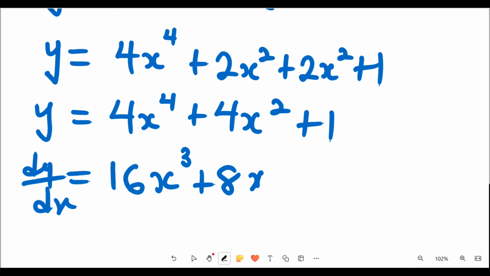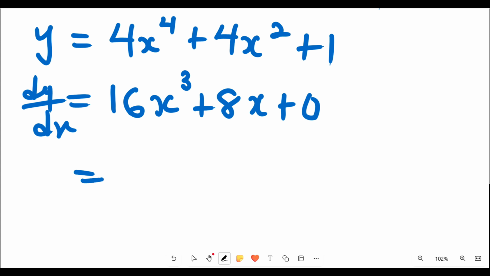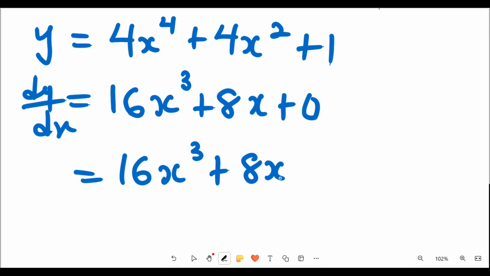Then we reduce the power also by 1, so it becomes 2 minus 1, which is equal to 1. Then we have plus 1. When you differentiate any constant term, we know it to be equal to 0. So the final answer will be 16x cubed plus 8x.